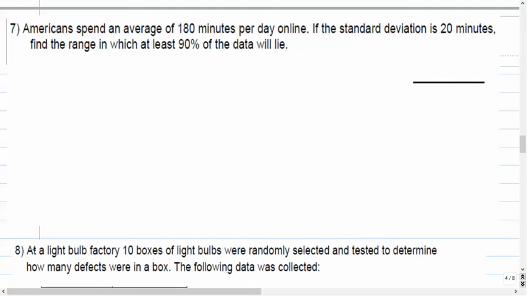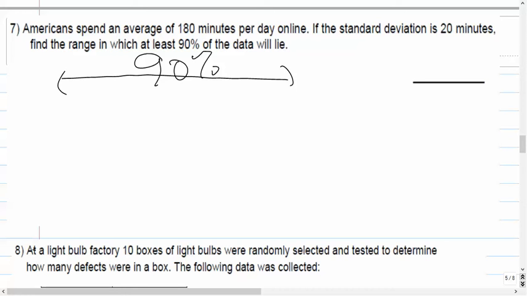Americans spend an average of 180 minutes online with a standard deviation of 20 minutes. And I want to find some interval where at least 90% of all my population data is going to lie. So again, I should be thinking either Chebyshev's or the empirical table.